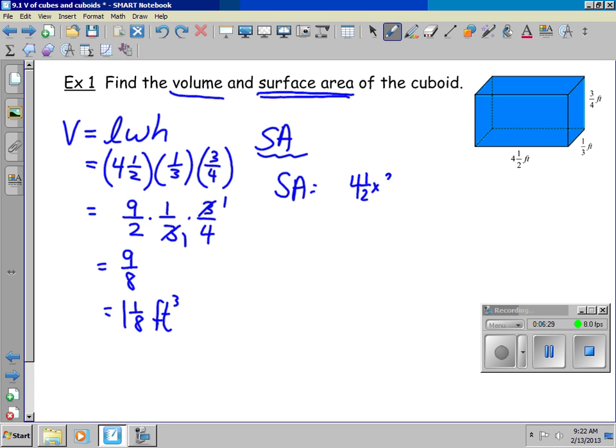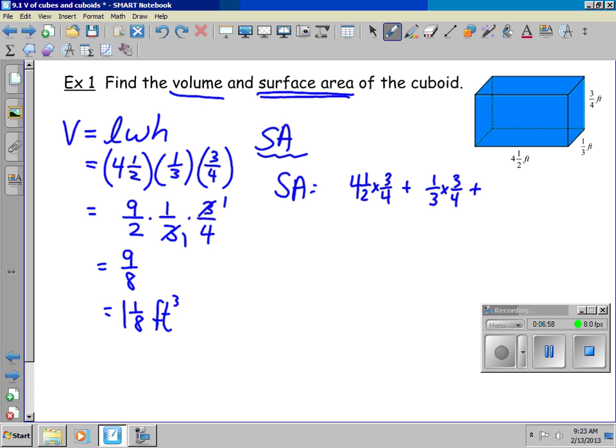Good. Plus, let's talk about the side of the box. What are the dimensions I need to get the area on the side of the box? Lena? 1/3 times 3/4. Good. Let's talk about the top of the box. What are the dimensions I need to use to find the area on the top of the box?